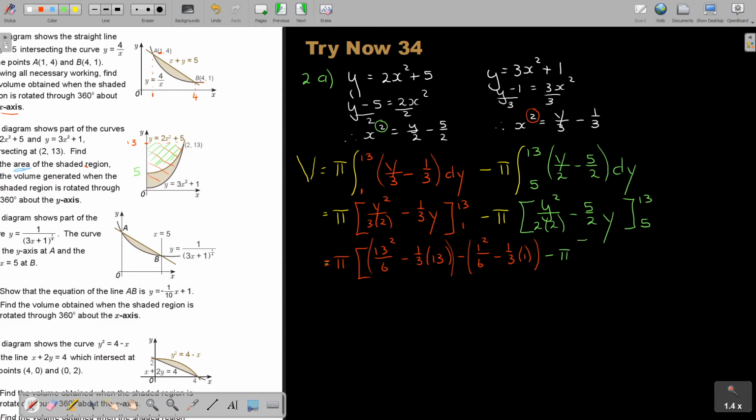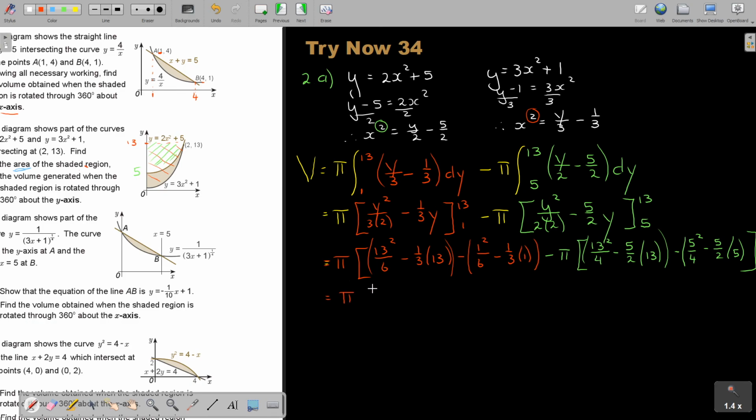In this one, I'm going to now get 13 squared over 4 minus 5 over 2 times 13. It's almost like in a bracket, and then minus 5 squared over 4 minus 5 over 2 times 5, and it's going to close. So that's the red.